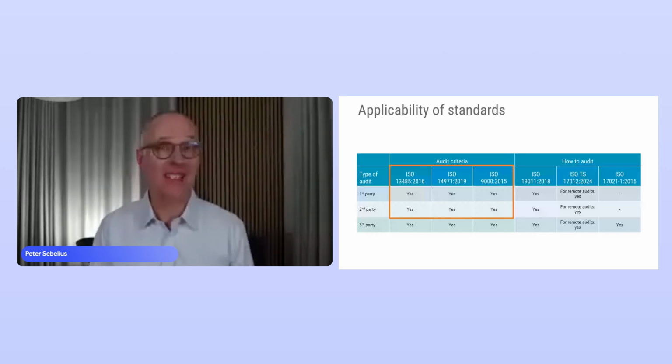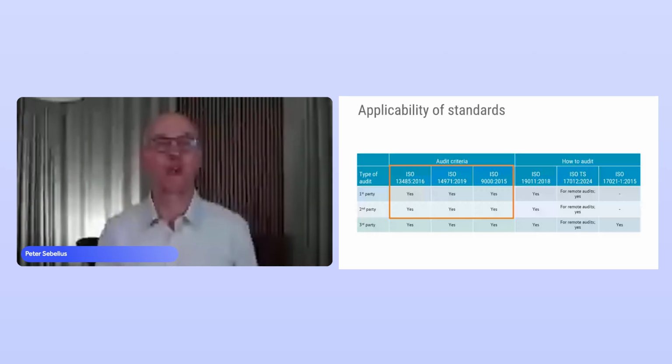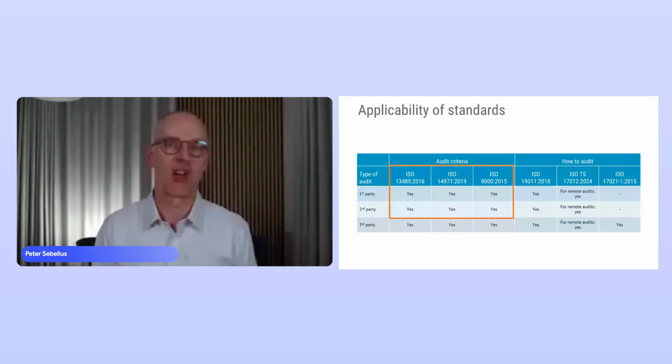And when that's the case, also ISO 14971 on risk management and ISO 9000 on quality management fundamentals and vocabulary are applicable. Why? Well, because they are normative references in the ISO 13485. So to audit an ISO 13485 quality management system, you need to have some understanding of these standards as well.